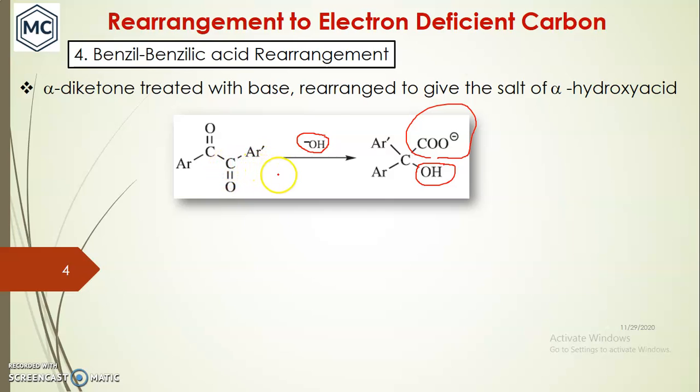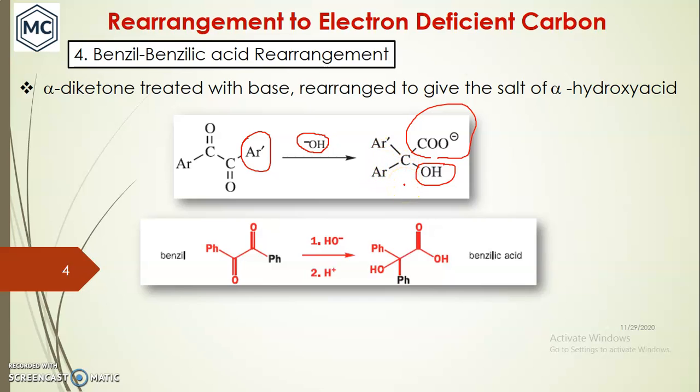So diketone in the presence of base gives alpha hydroxy carboxylic acid, and one of the alkyl or aryl groups gets migrated to the next carbon, that is, a 1,2 rearrangement takes place, and you have two aryl groups at the same carbon atom.